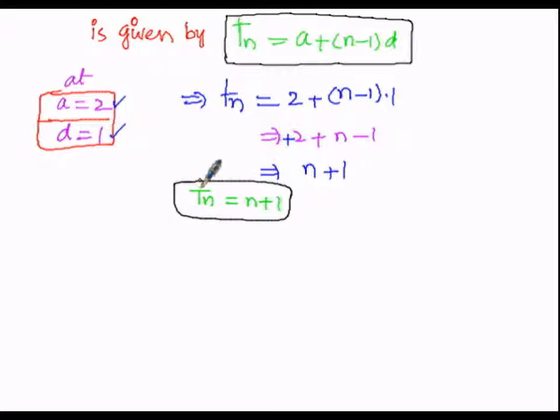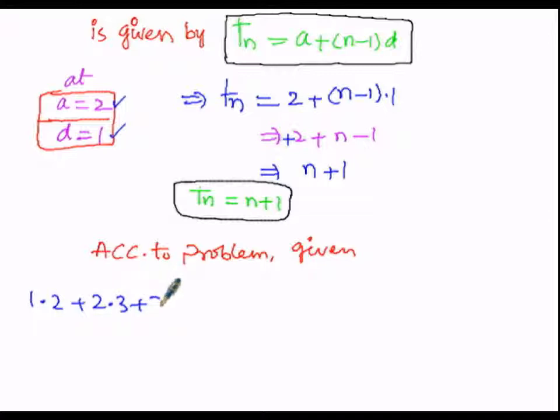Here, according to the problem that is given, the series is 1 into 2 plus 2 into 3 plus 3 into 4 plus and so on. Here the nth term lies, and the series continues up to an infinite number of terms.